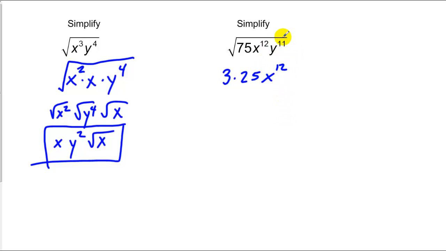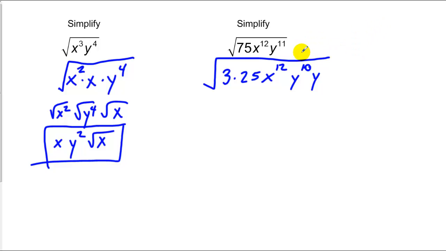Nothing multiplied by itself gets me y to the 11th, but I know that if I split y to the 11th up into y to the 10th and y, y to the 10th is a perfect square because y to the 5th times y to the 5th is y to the 10th.